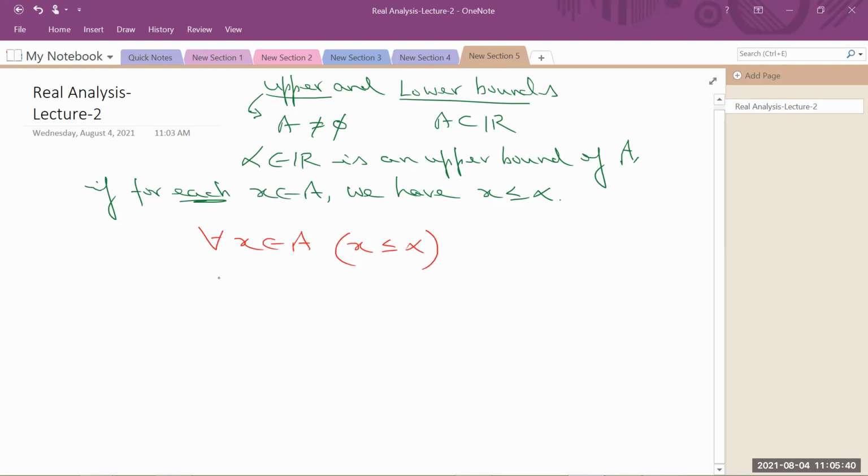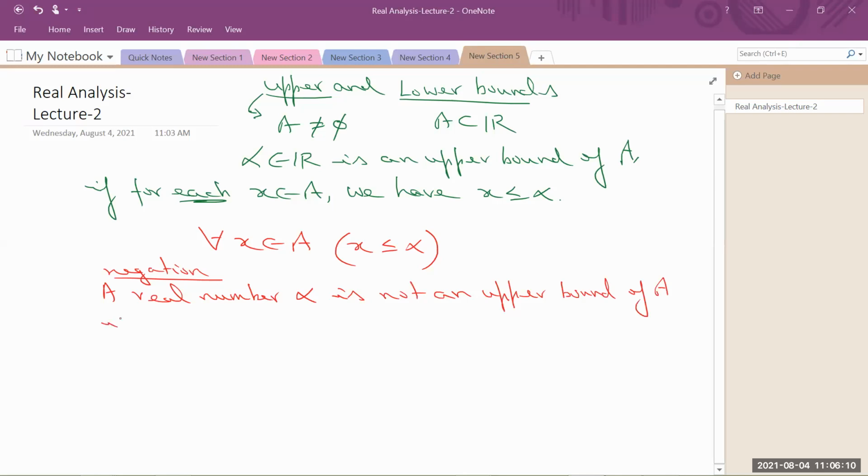And its negation also we have seen: the negation of the above statement is that a real number alpha is not an upper bound of A if there exists at least one x from the set such that x is greater than alpha.